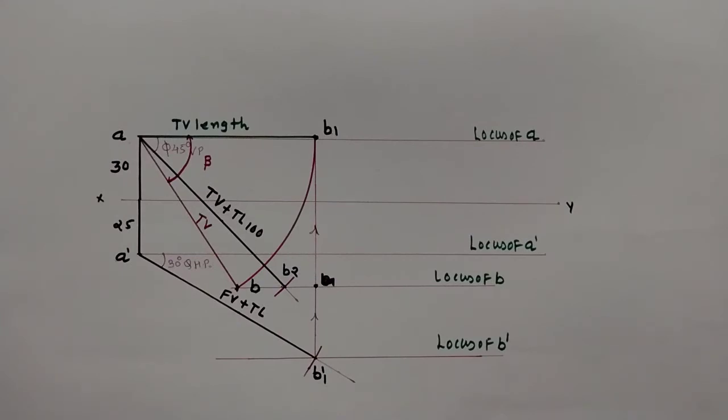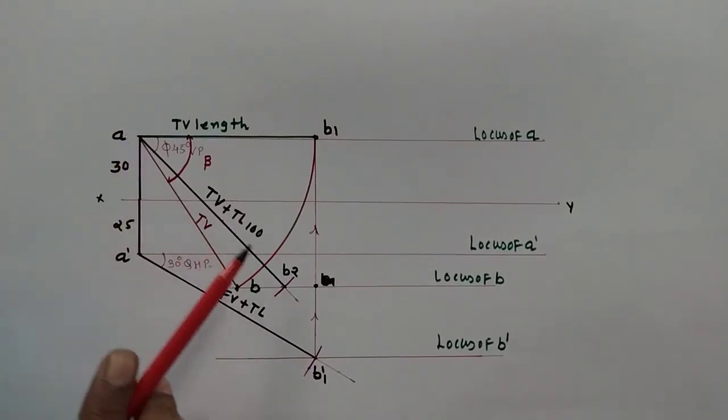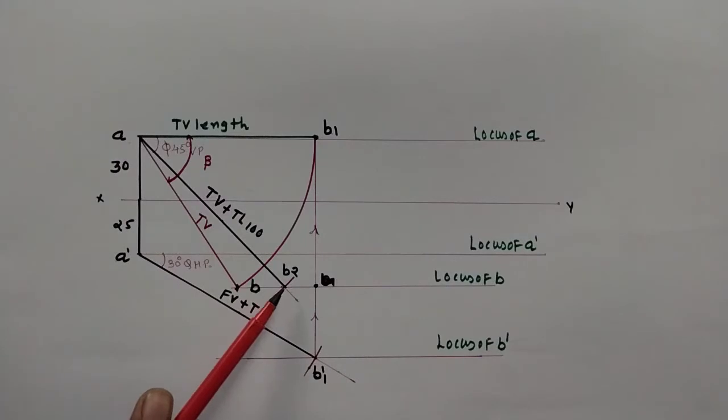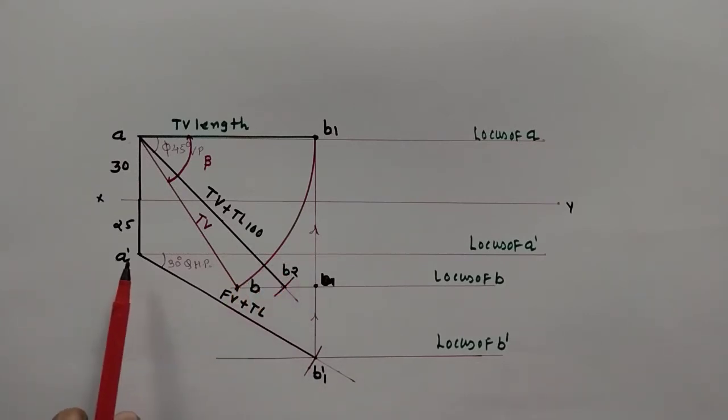Similarly, you have the line inclined to VP with true length AB2. The plan point B2, its elevation point B2 dash, is on the locus of A dash.